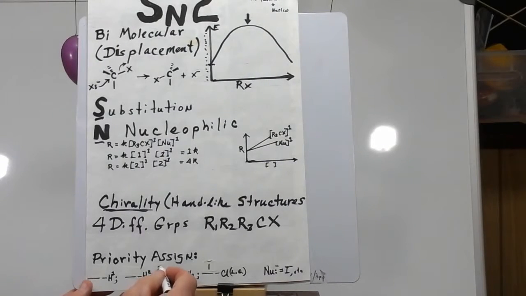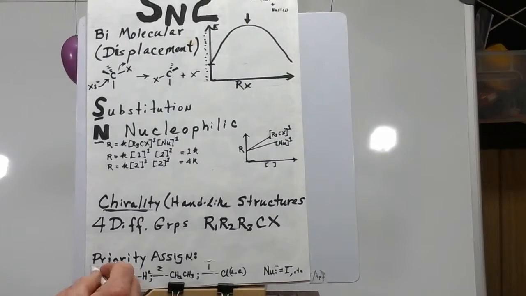And these have the same atomic number, but the deuterium has a neutron, and so we're going to make this 3. And again, the hydrogen, which is often the case, would be priority 4. So again, you can see how we can switch the groups, and simplistically, we can have 4 different groups, 1, 2, 3, 4, and it can be an infinite number.